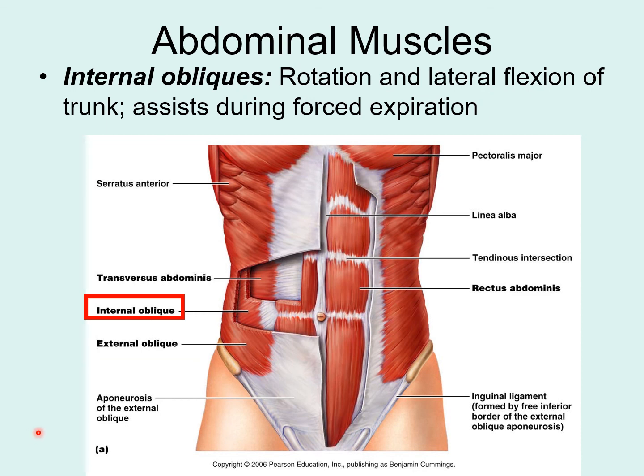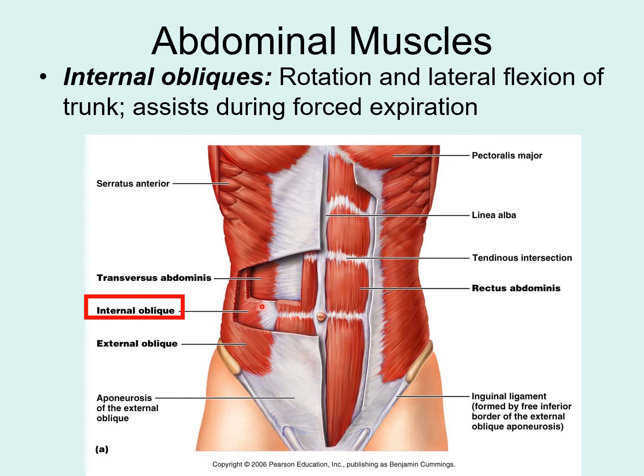Now the internal obliques are going to be with rotation and lateral flexion of the trunk. But notice the difference now. Think of kind of by your hip, your pelvic bone right there, but it's moving upwards towards the midline. So the external obliques, number one, are going to be more superficial to the internal obliques. The name would imply that.